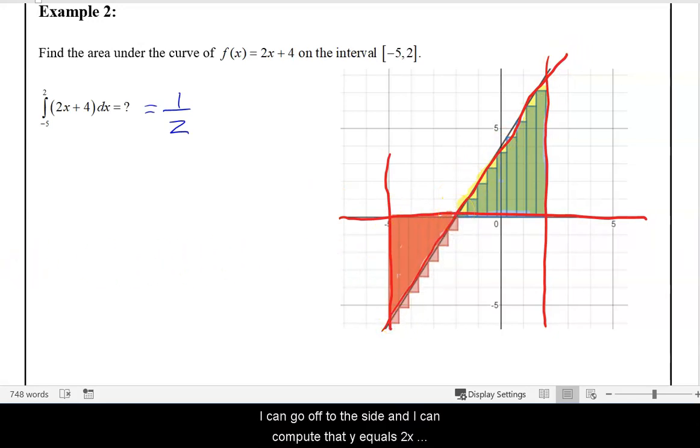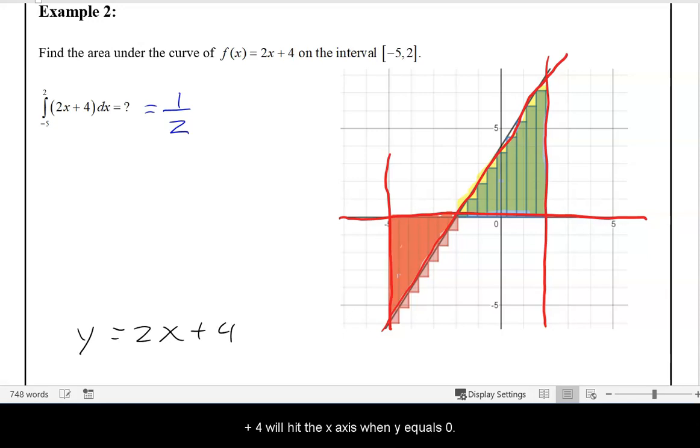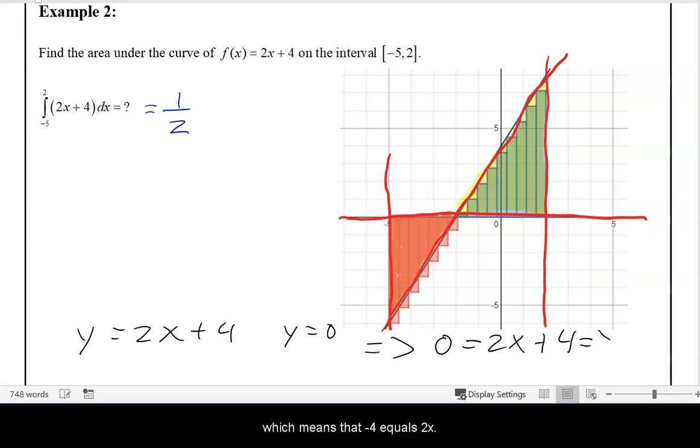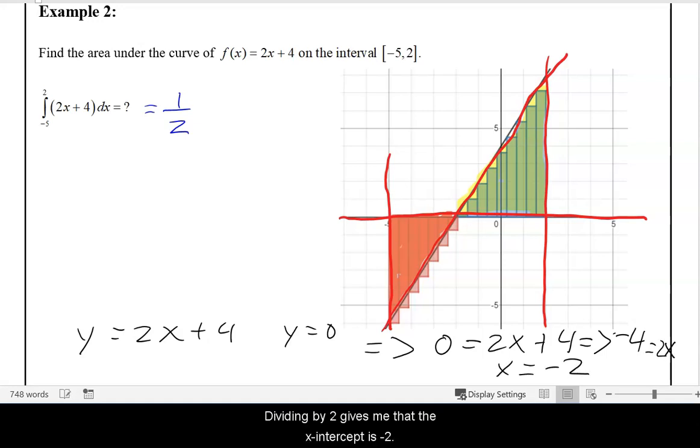I can go off to the side and compute that y = 2x + 4 will hit the x-axis when y = 0. If y = 0, then 0 = 2x + 4, which means that -4 = 2x. Dividing by 2 gives me that the x-intercept is -2.